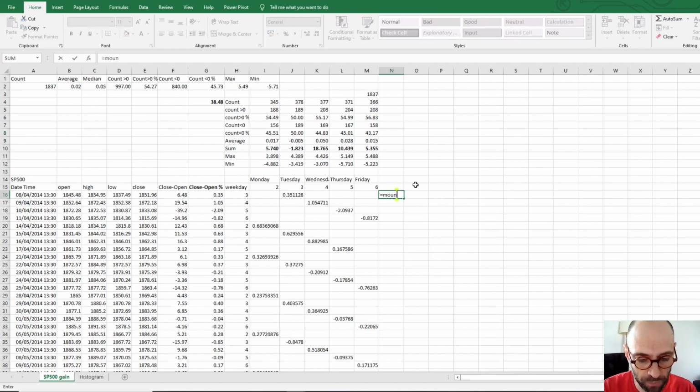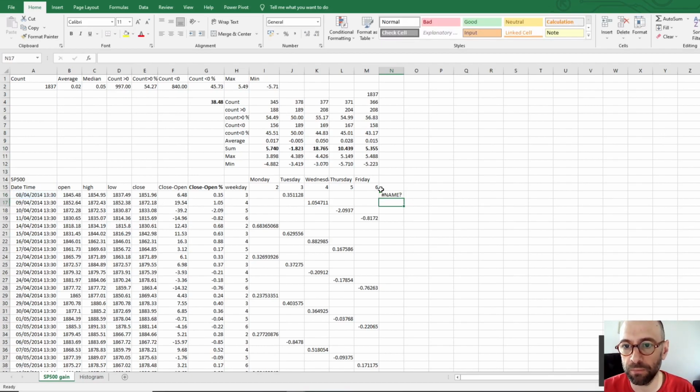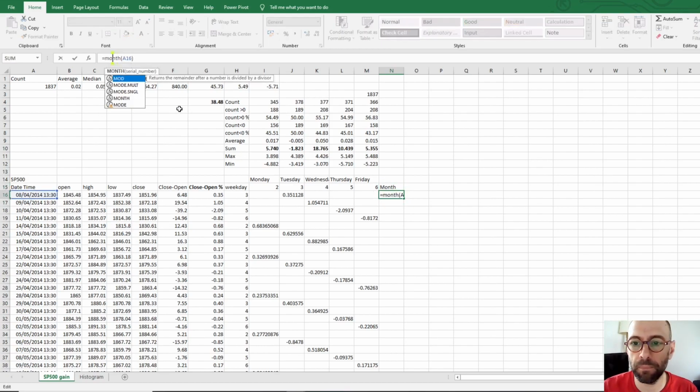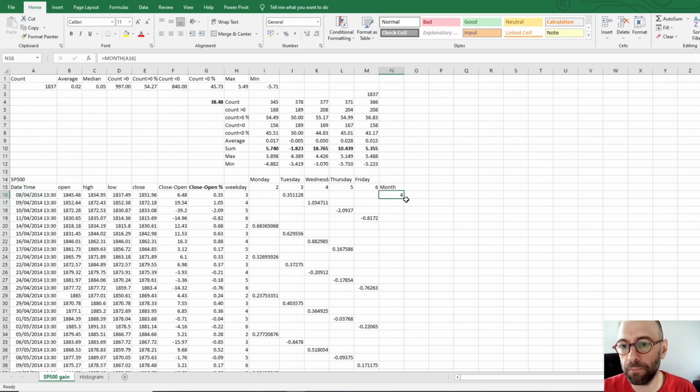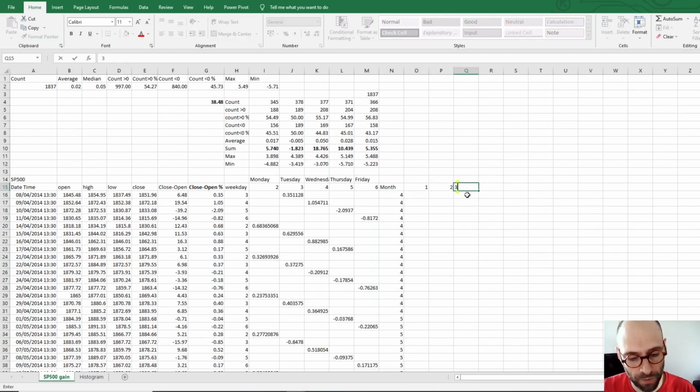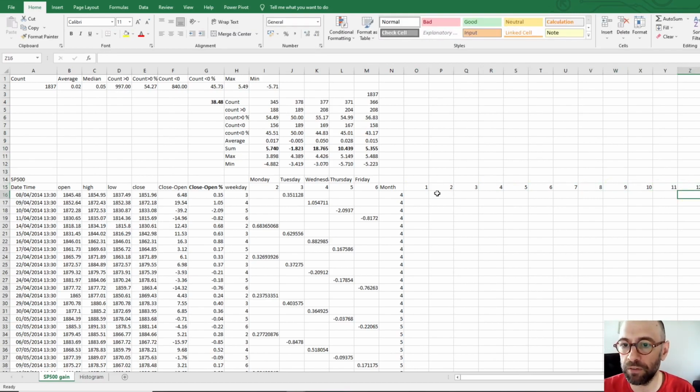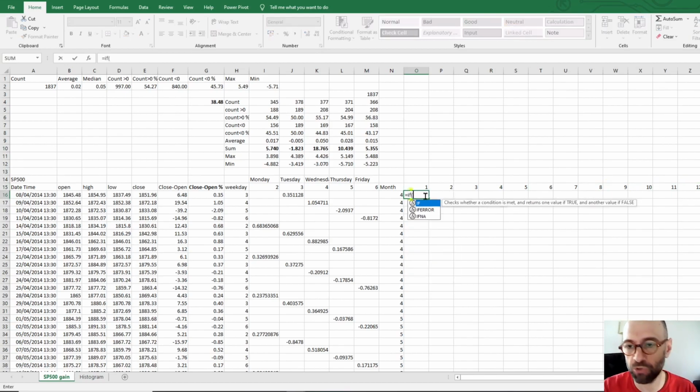So, let's calculate the month there, and put a label here. And then we'll break it down the same way we've done before. October, November, December. So we'll just do the same as we've done before.